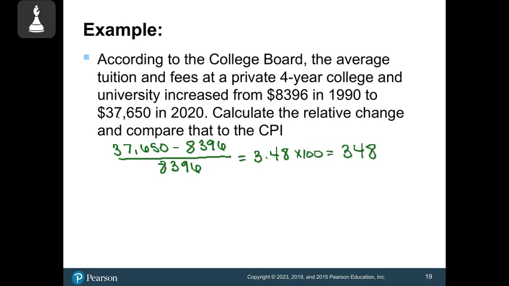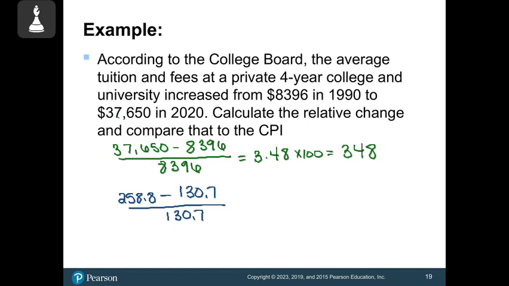So if I look at the actual CPIs to figure out how much of a change we have, we're saying tuition rose 348% between 1990 and 2020. Well, let's look at the CPIs. The CPI for 2020 is 258.8. The CPI for 1990 is 130.7. Let's divide that by the initial CPI of 130.7.